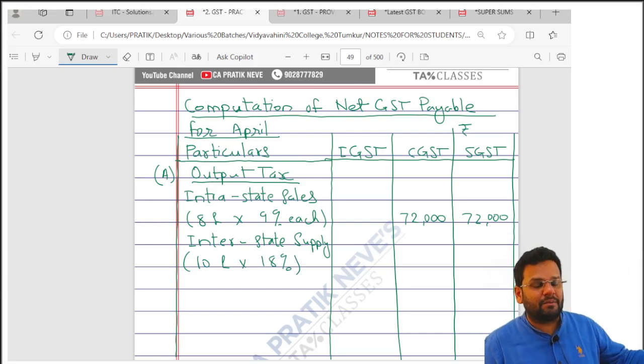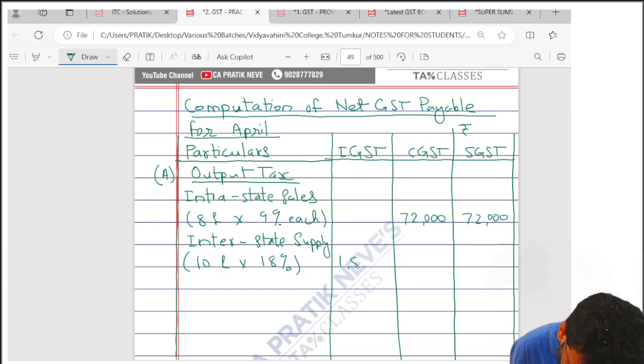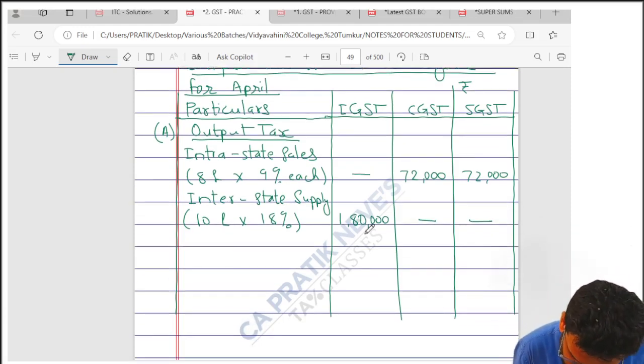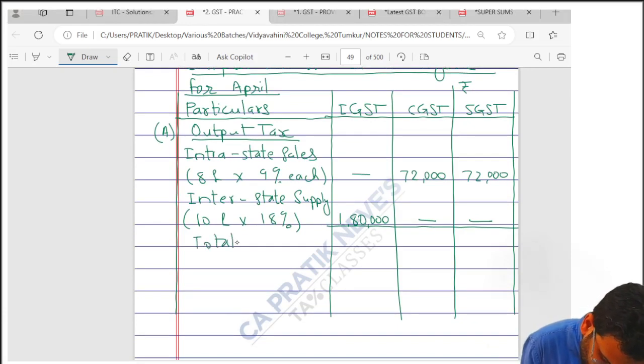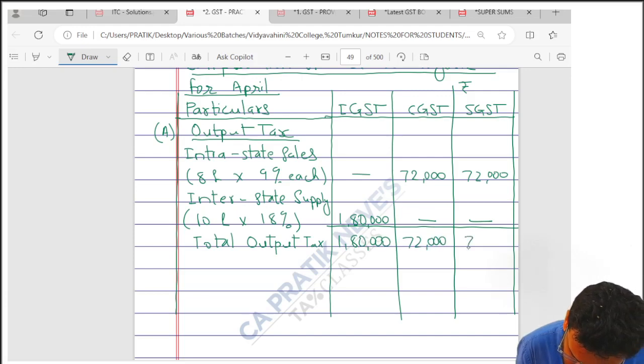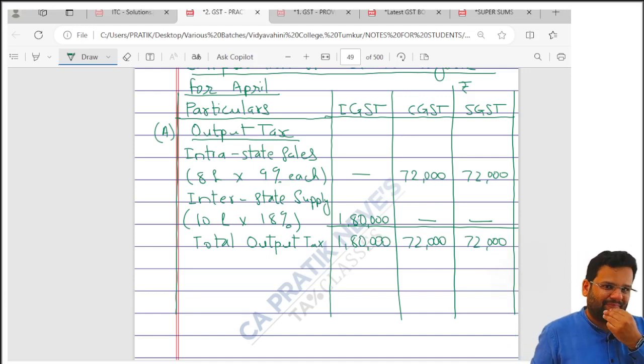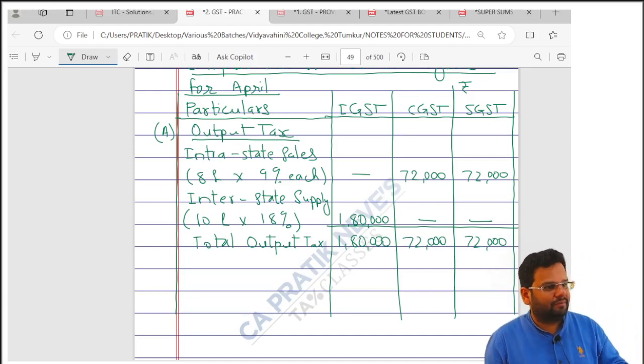So 10 lakh into 18% is 1,80,000. Here you will get total output tax: 1,80,000, 72,000, 72,000. Have you all got till this point?